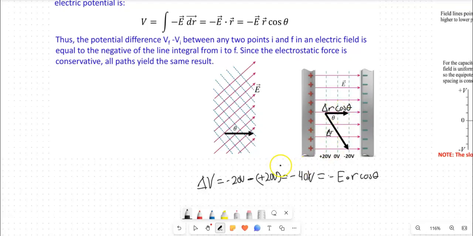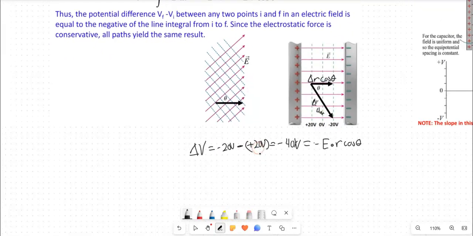For example, if that path, delta R, is 4 meters long, I'm going to put negative 40 volts here.